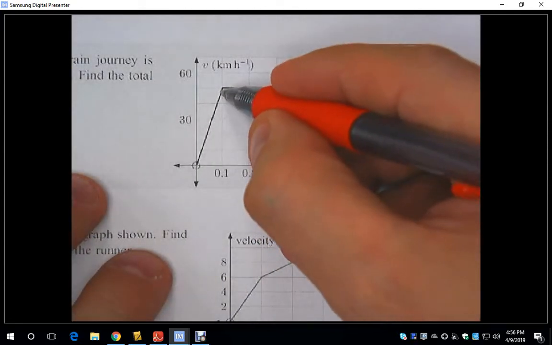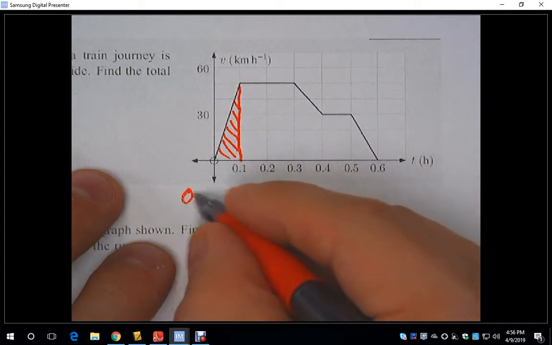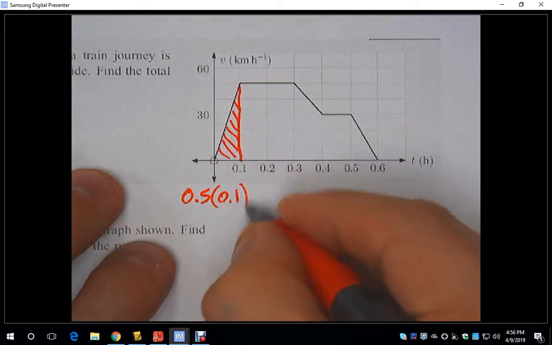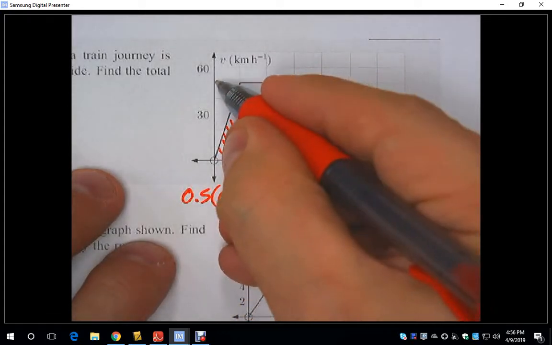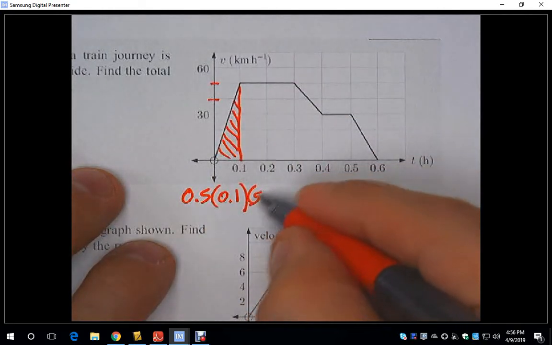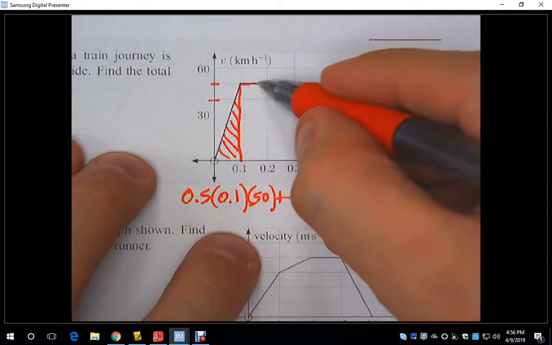And this area right here, it's a triangle. So I'm going to take 1/2. So 0.5 times my base, which is 0.1, times the height. This would be what, 30, 40, 50. So that would be 50. And then I'm going to add it to this rectangle here.